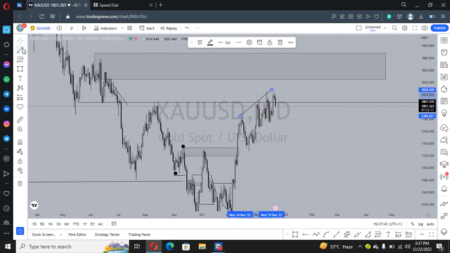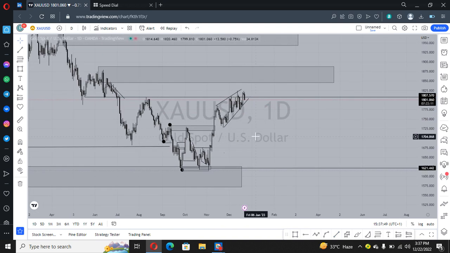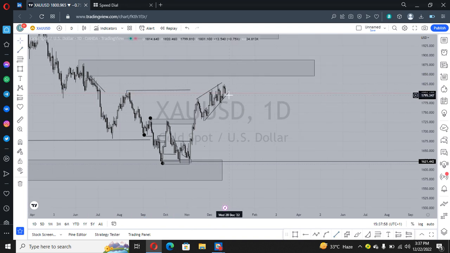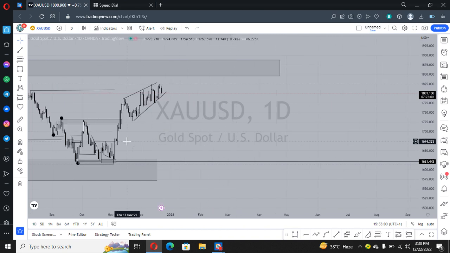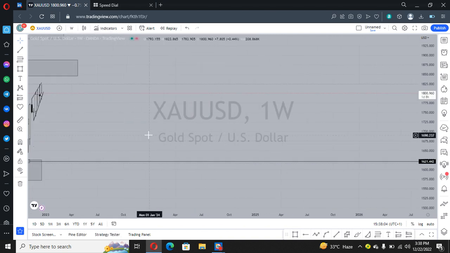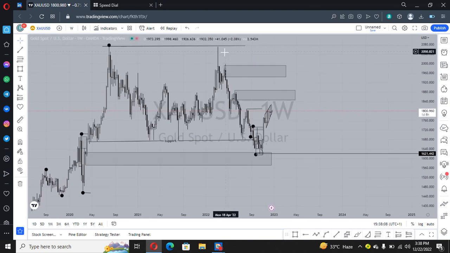Liquidity right here, and based on the festive season there is not much volume on the market, so it's obvious that the price could do what? Trade lower again, since we have a break on this major high right here from our daily chart. So it could want to trade lower to fill an imbalance right here, and then fill an area of demand and continue higher to do what?